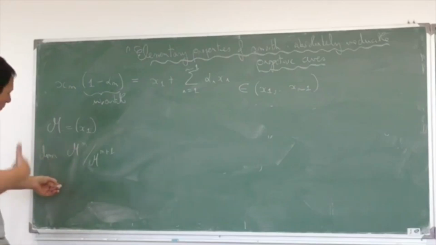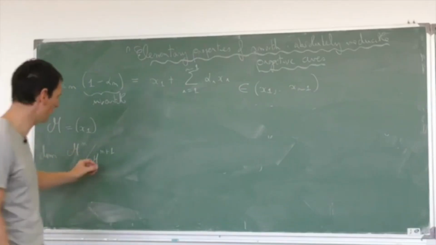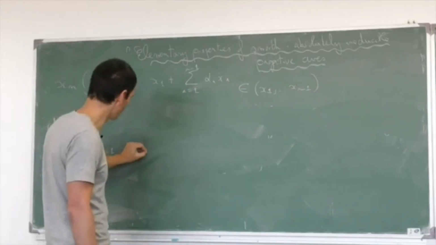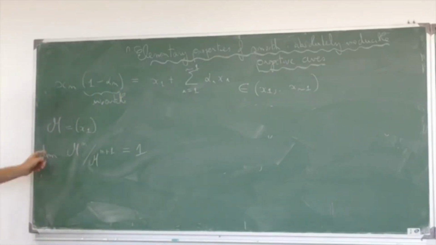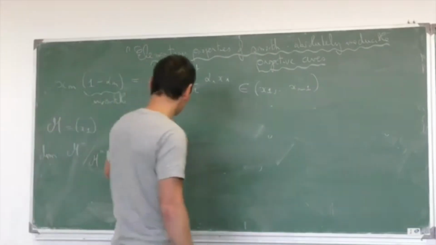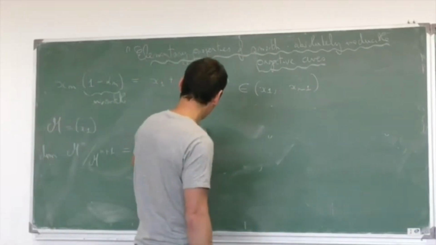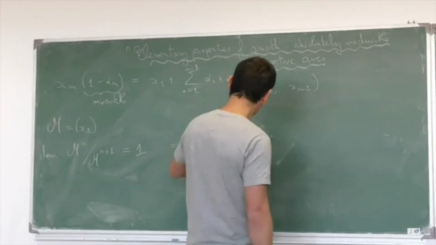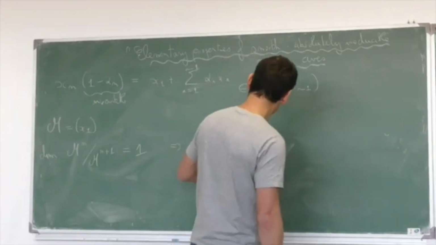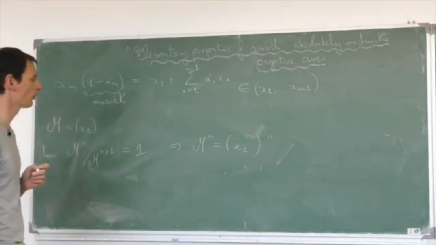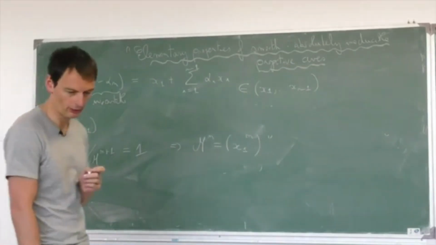For the same reason, you do a recursion, and you get that the dimension of these spaces is also 1. And because they are also 1, you can apply the same proof as you had over there to show that M to the n is also generated by x1 to the n simply.